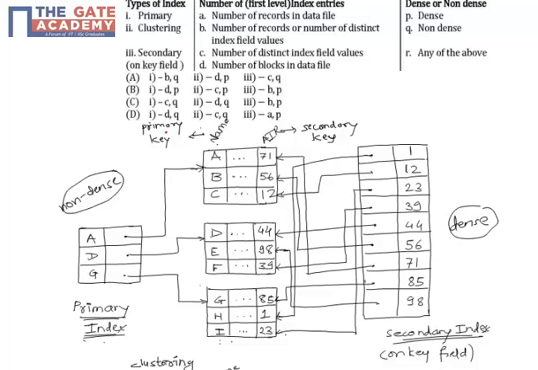Now, looking at the options, D is the only correct option given, and we can verify it from the tables.